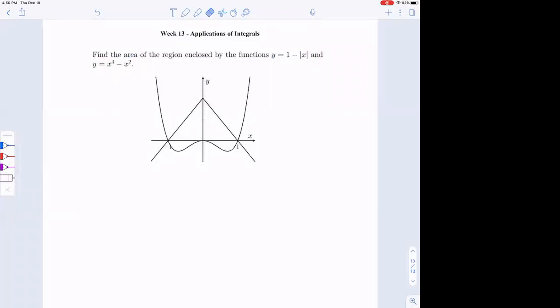Notice that both of these functions are even functions. We have even powers, so that kills negative signs. That's an even function, and the absolute value kills a negative sign, so that's also an even function. That means that we're going to have some symmetry about the y-axis.